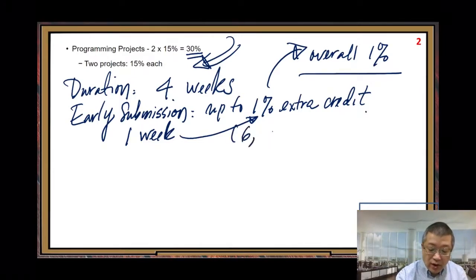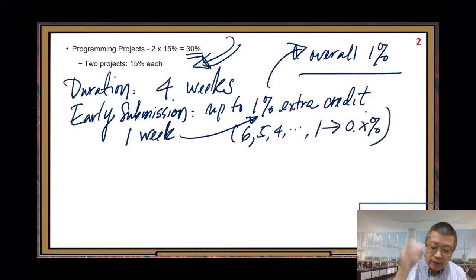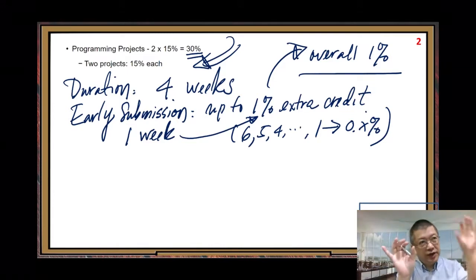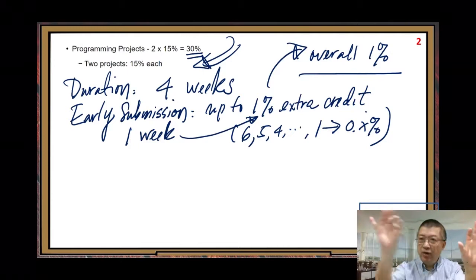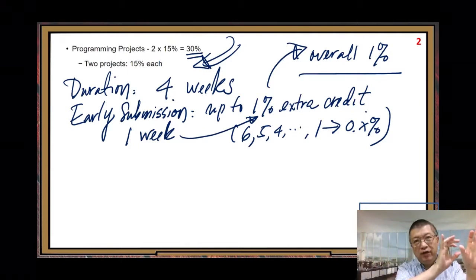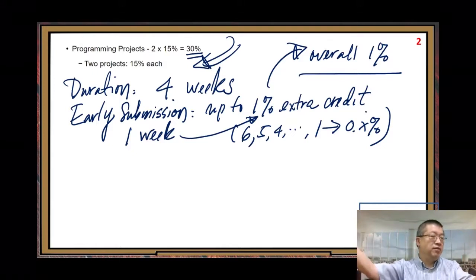For example, you may have 6 days early, 5, 4, even 1 day early, you can earn a certain 0.x% extra credit. I will set a scale. 6 days corresponds to 0 point something, 4 days corresponds to 0 point something. Try to make it look fair. But encourage you to do early submission.